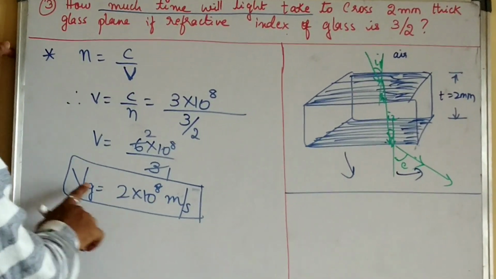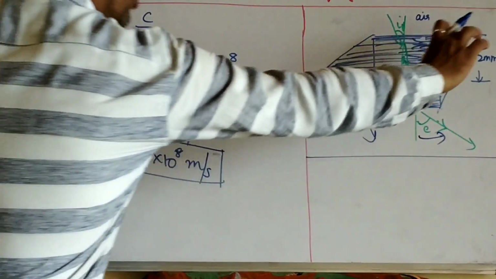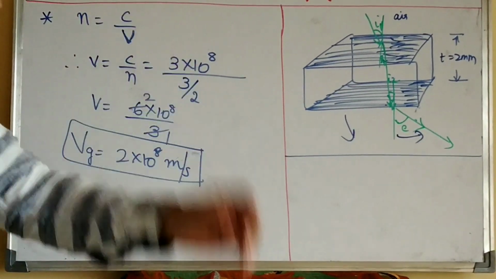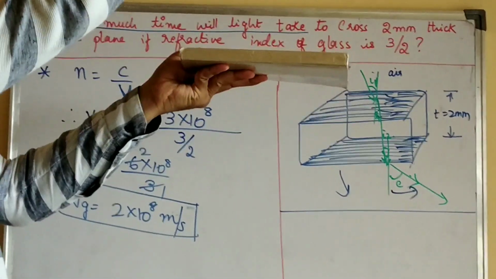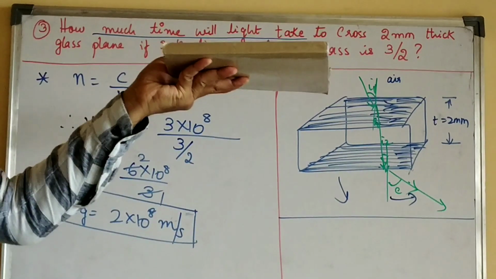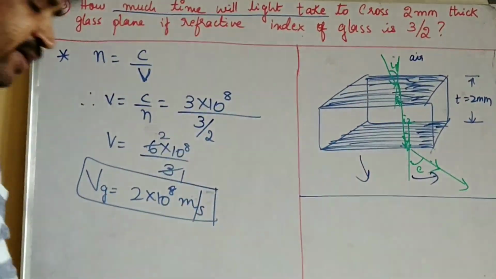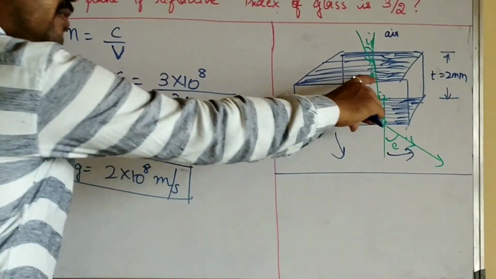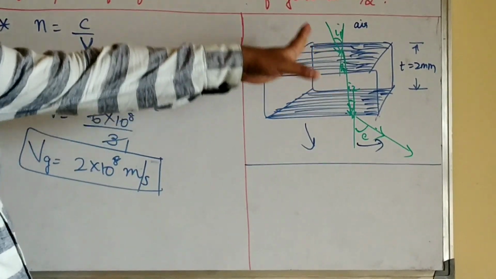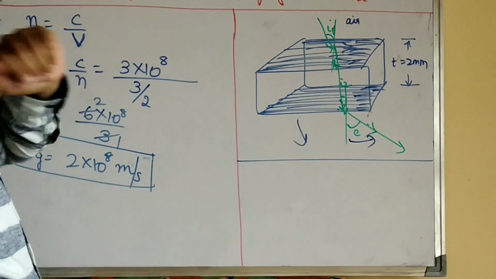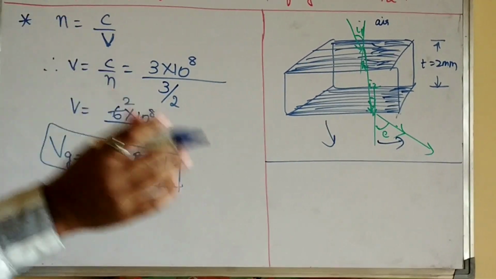Now you have to find out time. You have the speed, and you know the thickness. This thickness, light will enter from here and it will go out from here. This thickness is nothing but the distance travelled by the light. So the distance is nothing but the thickness here.